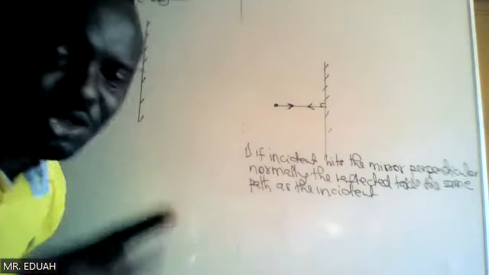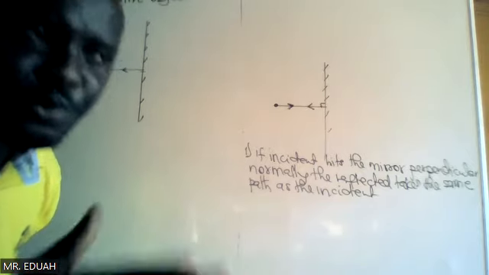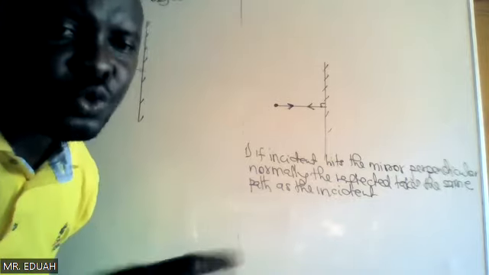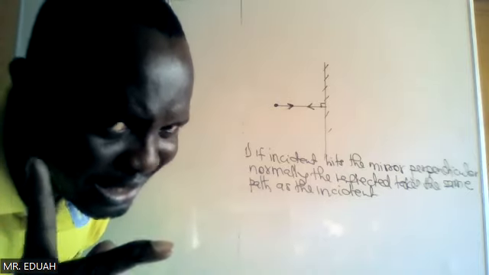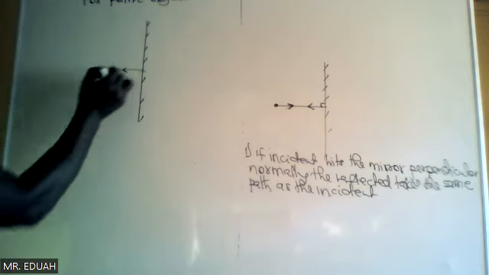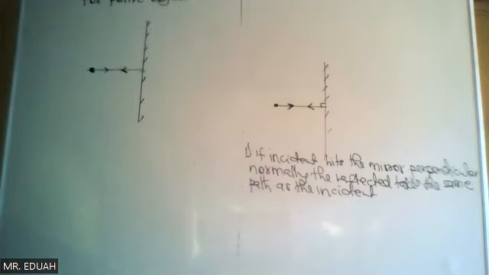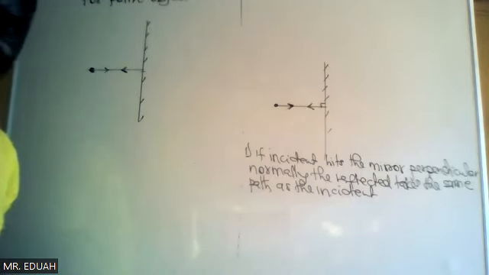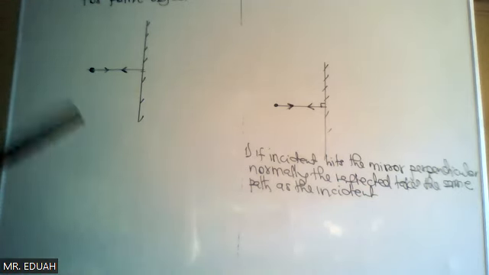For an image to be formed, you need 2 or more reflected rays to actually meet at a point or appear to meet. Please, did you get that? So, how many reflected rays do I have? I have only this one. I need at least another to meet or appear to meet at a point for an image to be formed.